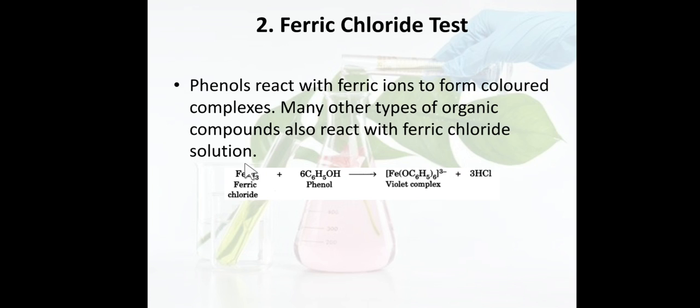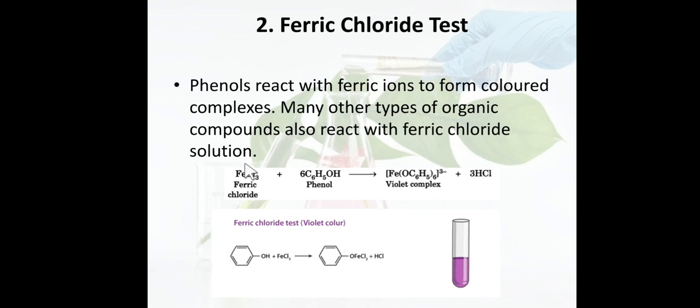The next test is very commonly used for the phenolic functional groups. This is called the ferric chloride test, or simply the FeCl3 test. When FeCl3 is treated with phenols, it forms a violet color complex. This is a nice diagram I found on the internet.